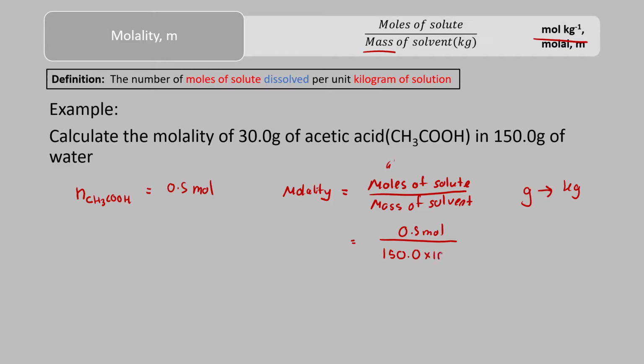I wouldn't go further into this lah, because you guys should know this from you guys punya physics punya kelas. So now if you calculate, you should get 3.33 mole per kilograms.